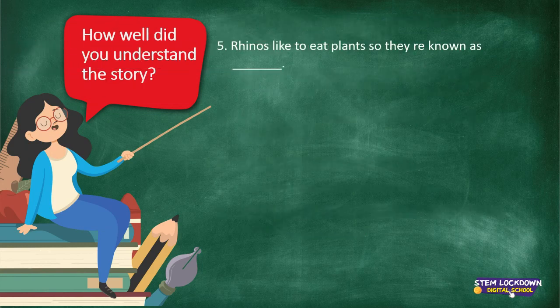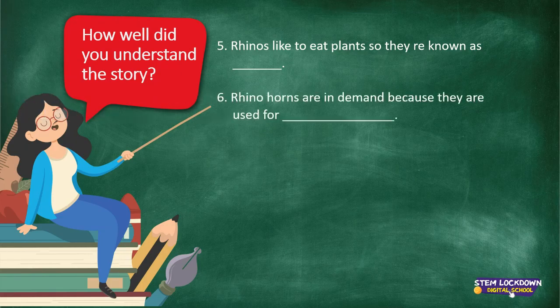Number 5. Rhinos like to eat plants, so they're known as, what are they known as? Number 6. Rhino horns are in demand because they are used for, what are they mainly used for? Number 7.